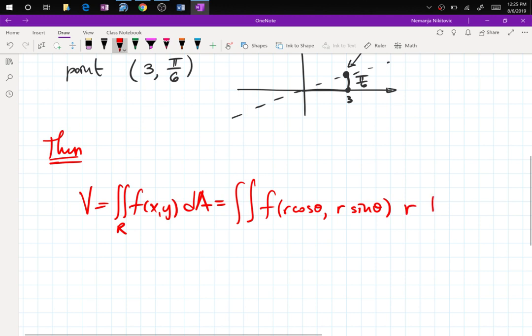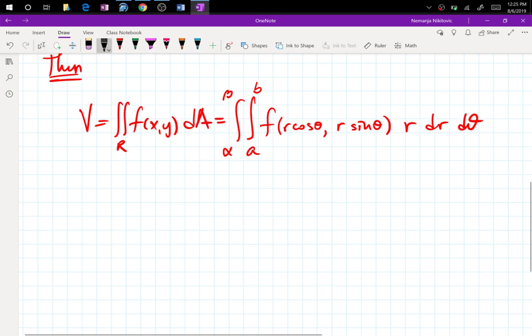And here is r dr d theta. Now, this is a string that you memorize as a unit, and you put that at the end of every polar integral, including this r. It's not optional. Now, when you look at the limits, the outer limits are alpha and beta. Those are your angles. And the inner limits are a and b, which are your radius r.